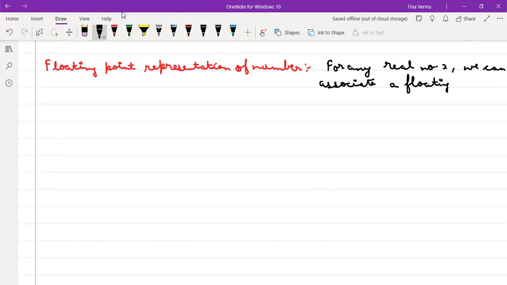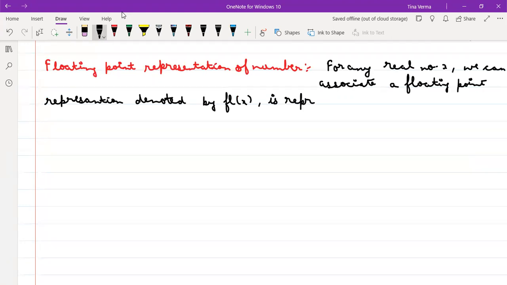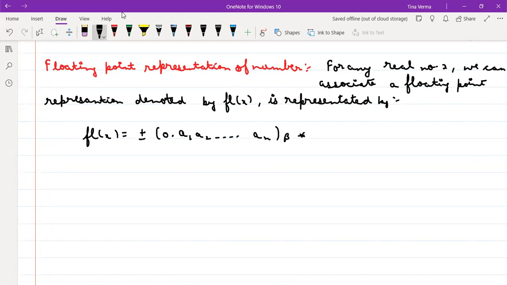We can associate a floating point representation that will be denoted by fl(x), because we are giving the floating point representation to x, and is represented by plus or minus 0.a1 a2 ... an times beta raised to the power e.